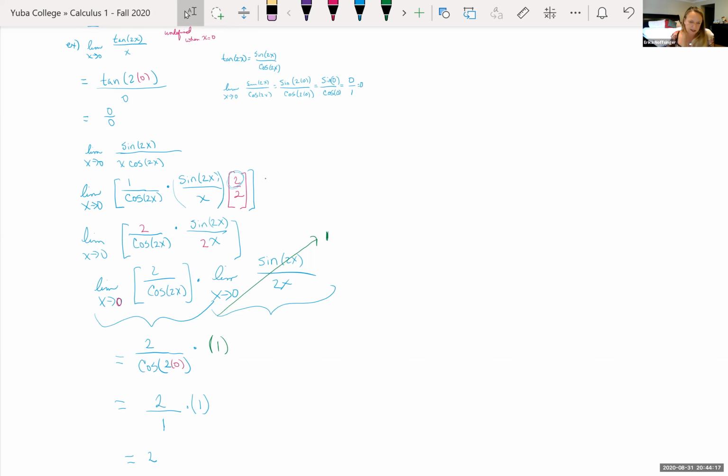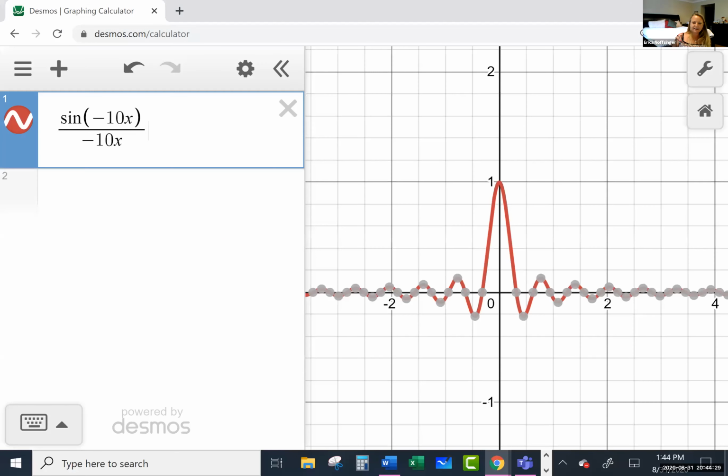So let's look at that real quick with a graph. So we had tan of 2x all over x.